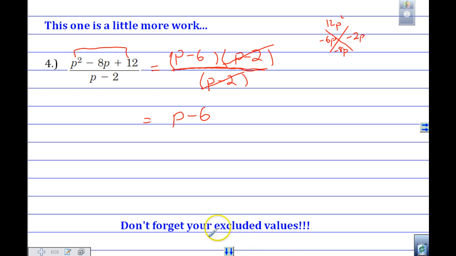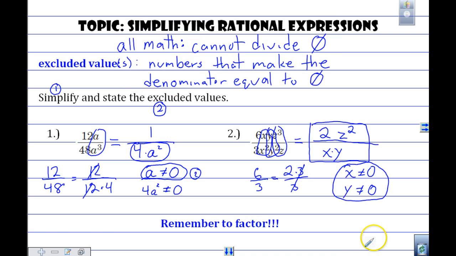What is the excluded value? 0. And for this one, excluded value is none. So, going back here, what is an excluded value? Numbers that make the denominator equal to 0.